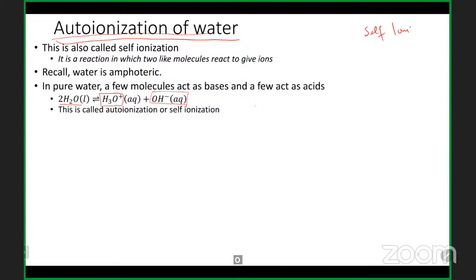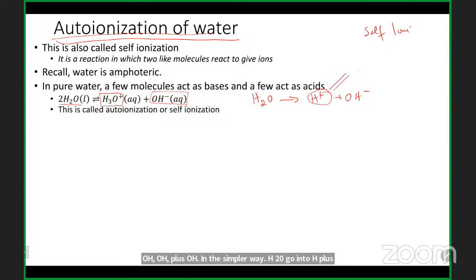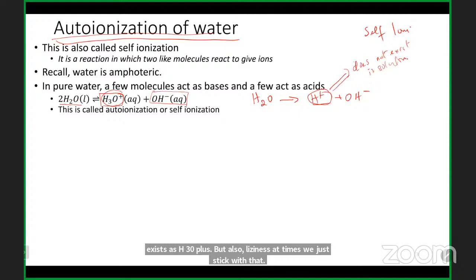In a simpler way, H2O going to H plus OH minus. However, it has long been observed that H plus does not exist like that in solution. It exists as H3O plus. But out of laziness at times, we just stick with that. Anyway, the appropriate way is H3O plus.